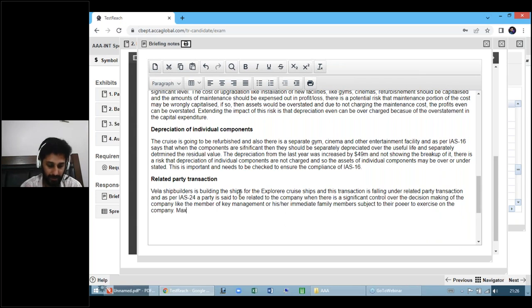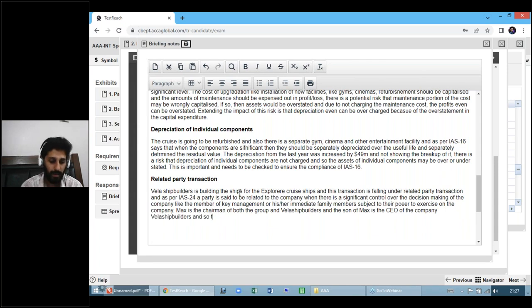Max is the chairman of both the group and Vela Shipbuilders, and the son of Max is the CEO of the company Vela Shipbuilders.